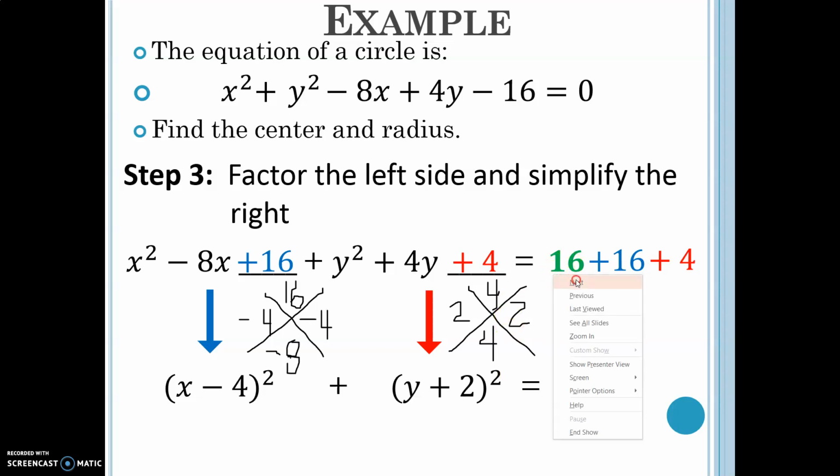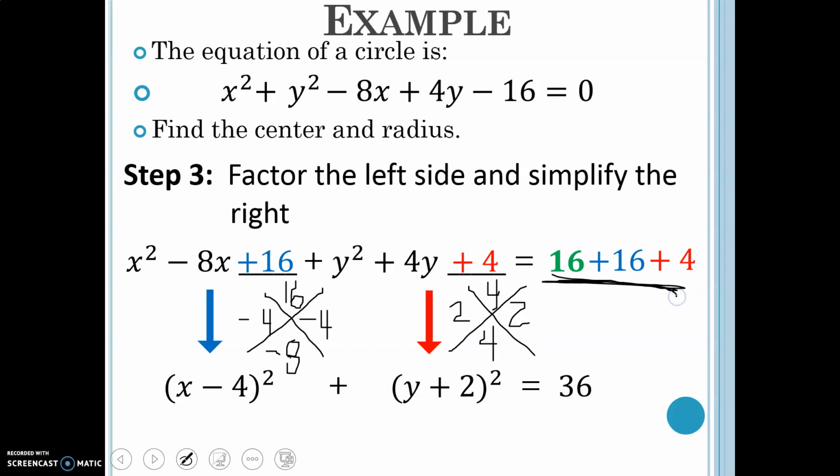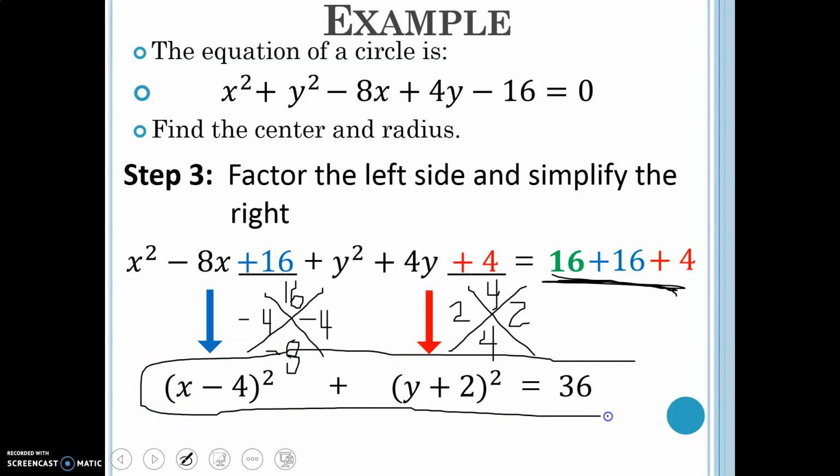And then over here on the right, all of that adds up and gives you 36. And then you will notice that you have that nice familiar format of that standard equation of a circle. The whole point of completing the square is so we can get our standard equation of a circle just like this. And you'll notice now I can easily identify the center and the radius.